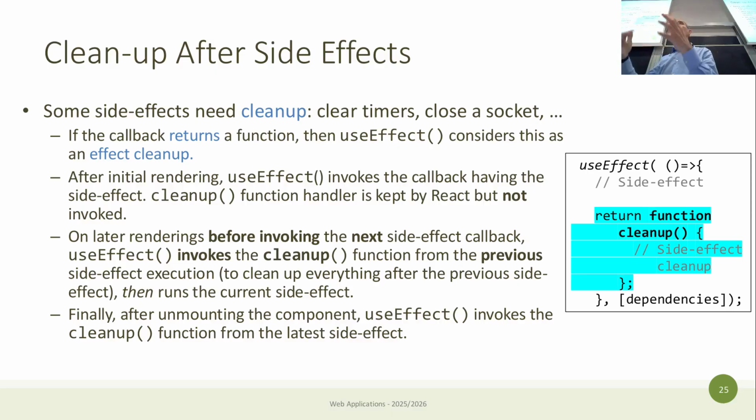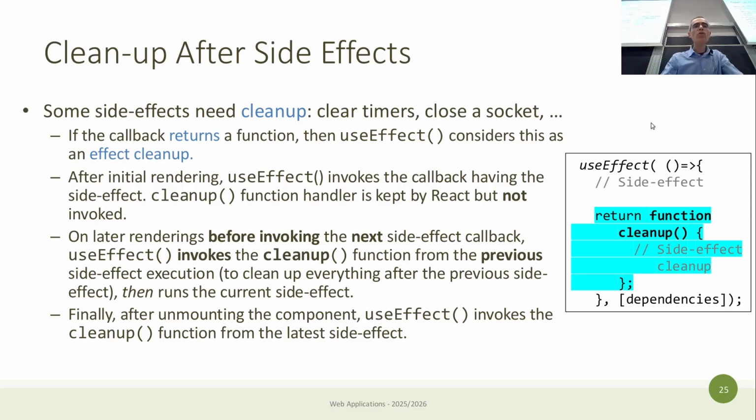At the next interaction, before using the callback, it will execute the cleanup, okay? And this also means that when the component is unmounted, it will not run the callback again, but it will run the cleanup. So you don't incur in this potential error, this potential mistake, okay?